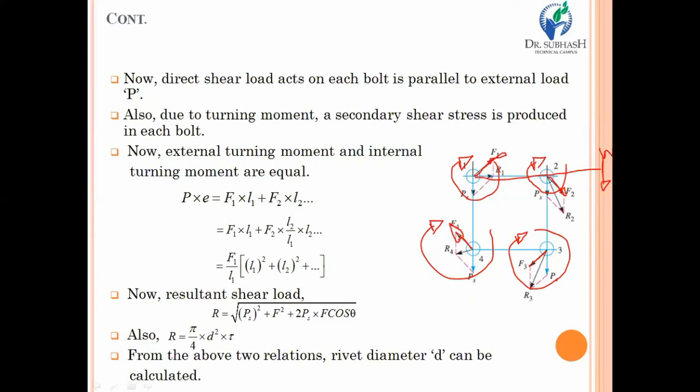Then the question may arise: how to identify the direction of the secondary shear force? Well, it's very easy. Suppose you are applying load W over here. Due to that W, if you are considering bolt number 1, then forget the remaining bolts. Just think about what happens in that particular bolt number 1 due to the turning moment caused by W, the eccentric load. Yes, it will move in this direction. So the opposite direction of it will represent the secondary shear loading. You have to follow the same procedure by taking bolt numbers 2, 3 and 4 individually.